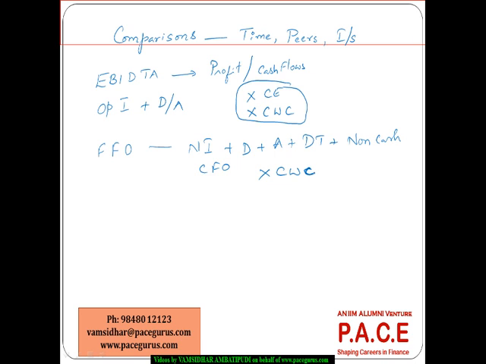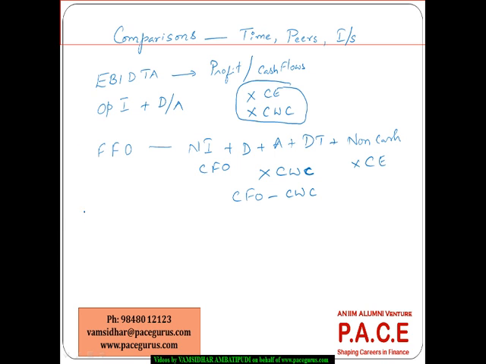Cash flow from operations typically considers the change in the working capital also. So this is as good as cash flow from operations minus the change in the working capital. Even this one does not consider the capital expenditure. So this is one more measure that goes into the calculations of different ratios.